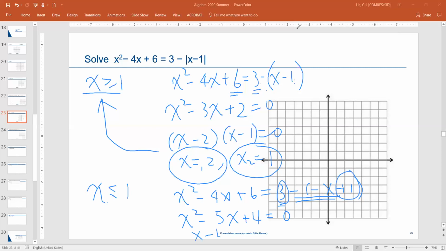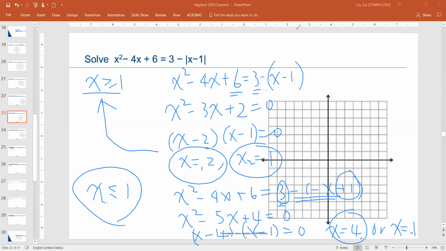So (x minus 4)(x minus 1) equals 0, so x equals 4 or x equals 1. Which one meets this condition? x equals 4 does not, so you need to take it away. x equals 1 meets the condition. So the answer is the same as here: x equals 1 and x equals 2. So only two answers, 2 and 1. That's the final answer.